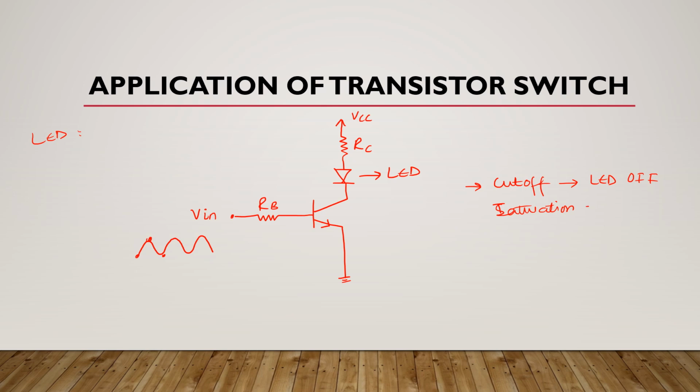It means now this LED is on. So this is how transistor acts as a switch and it will turn this LED on and off. This LED is off in cutoff mode and it is on when this transistor is in saturation mode.